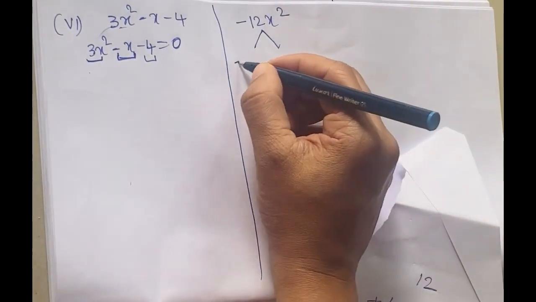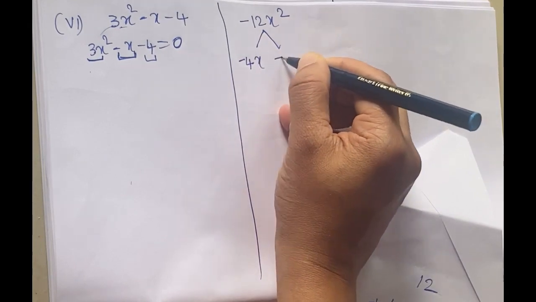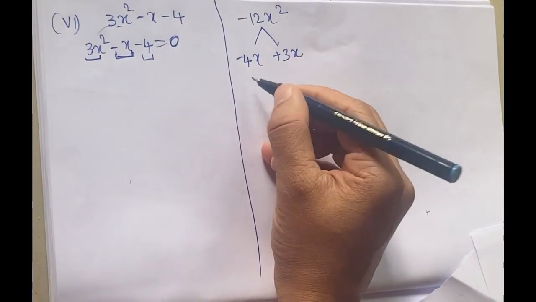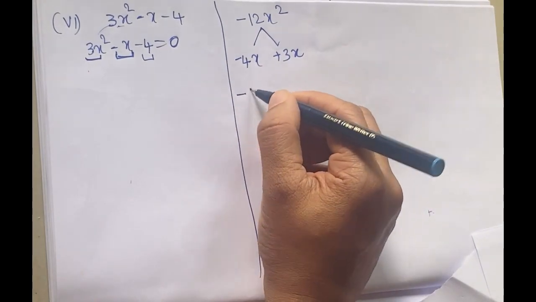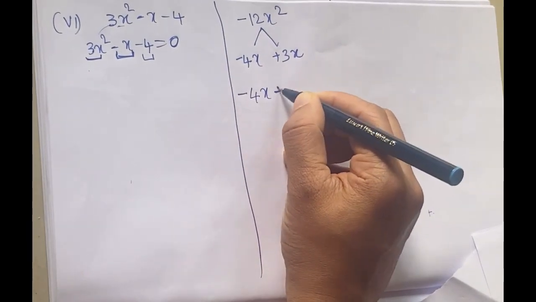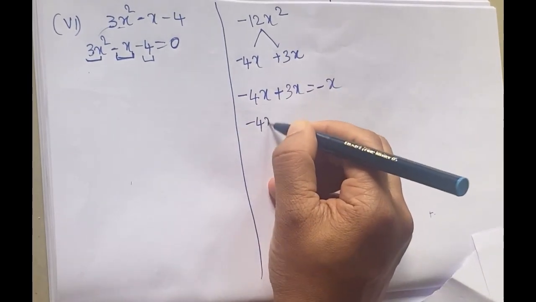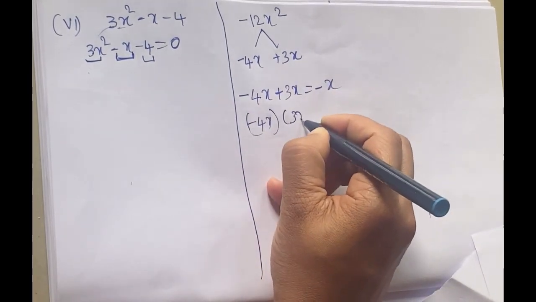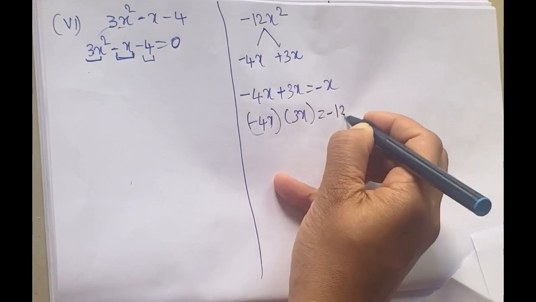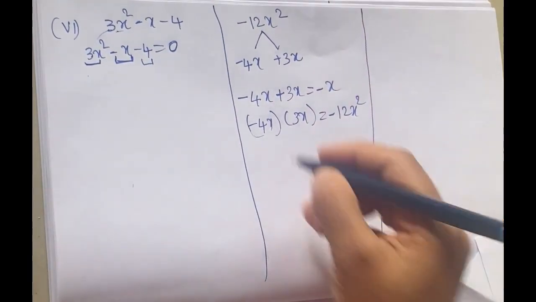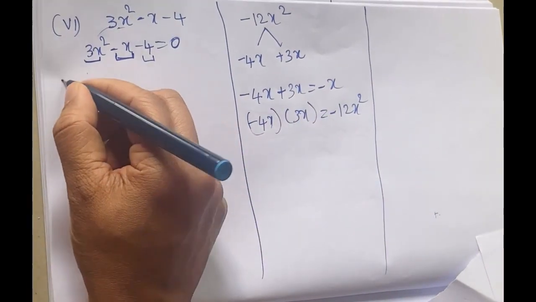So minus 4x and plus 3x are the terms here. Minus 4x plus 3x is minus x. Minus 4x into 3x is minus 12x square. That's why I am taking minus 4x and plus 3x.